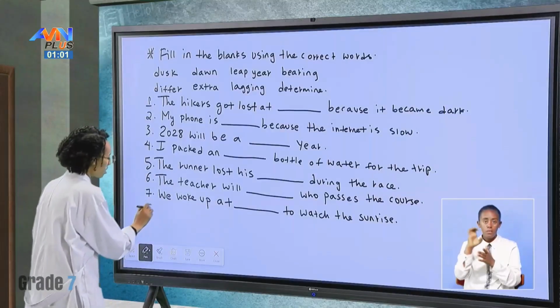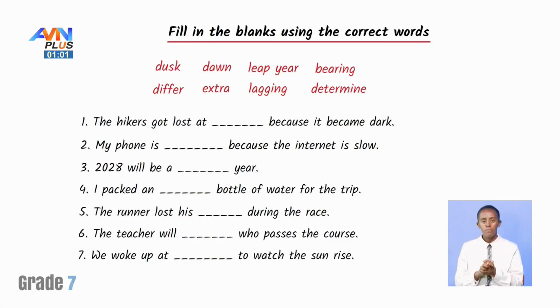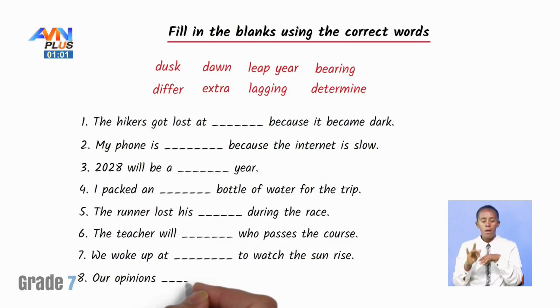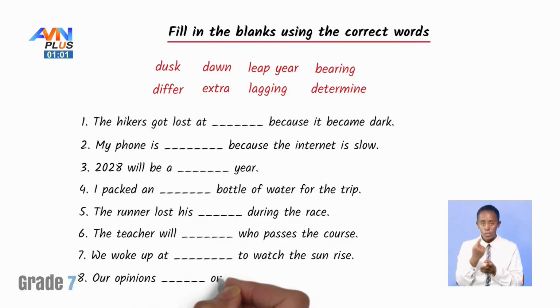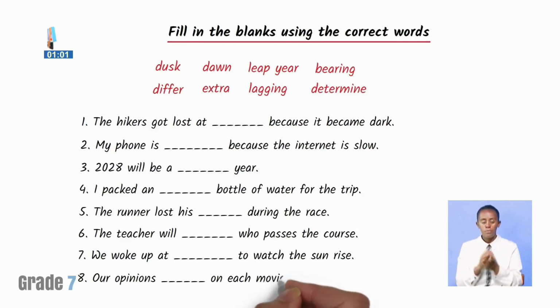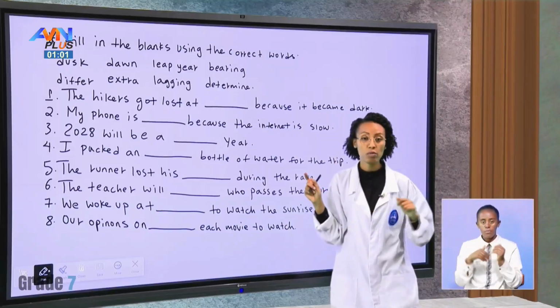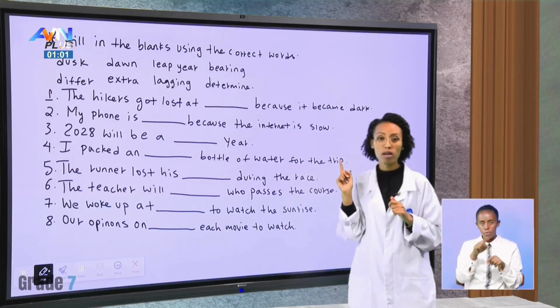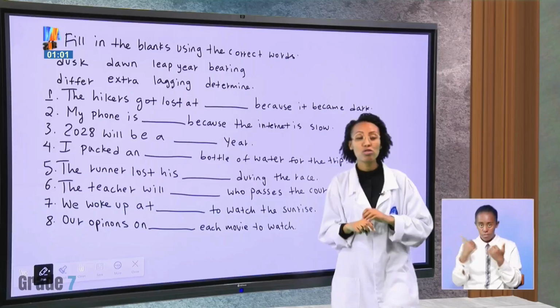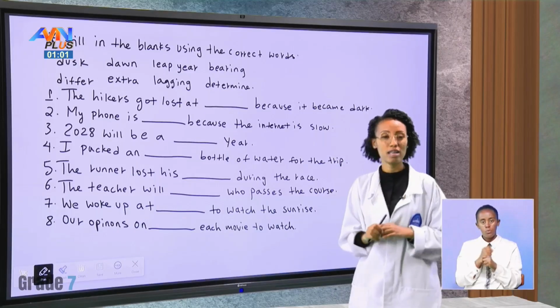And the last one, our opinions on blank each movie to watch. So these are questions for all of the words that we have seen today, and I've written them up there for you. So I want, and we'll get back and do it together.